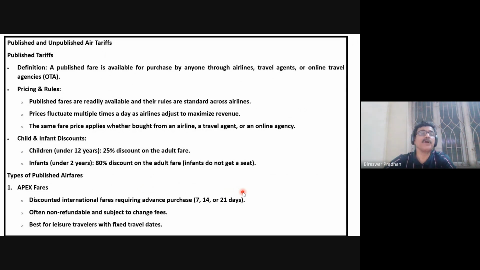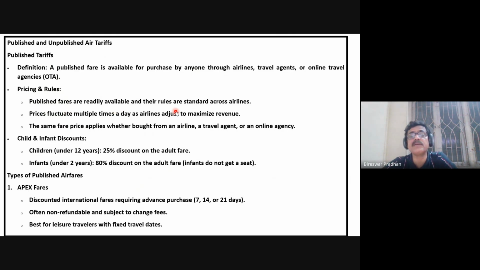Now we are coming to published and unpublished air tariffs. Published tariff definition: a published fare is available for purchase by anyone through airlines, travel agents or online travel agencies, OTA. Pricing and rules: published fares are readily available.